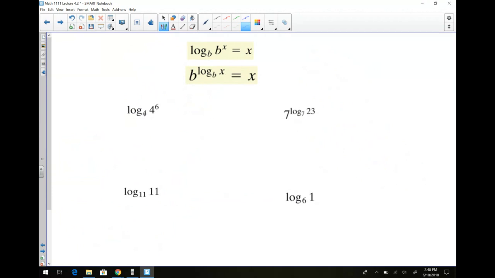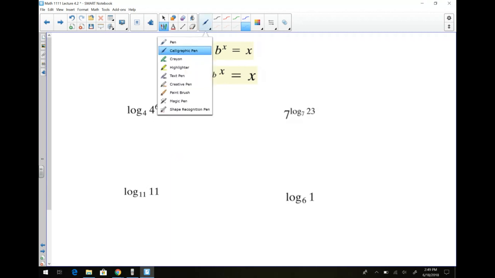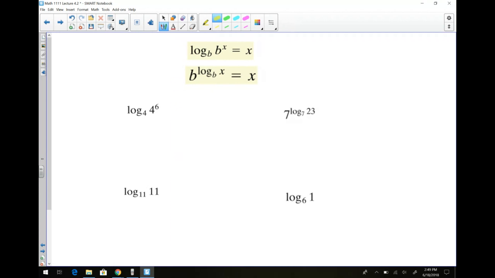So if we look at this first one, notice the base of the logarithmic function is 4. The base of the exponential function is 4. So let me rephrase this in a little bit more detailed way. I'm going to put a highlighter around the log.